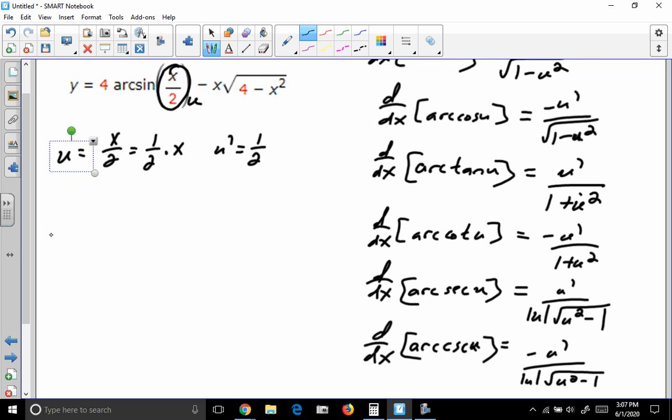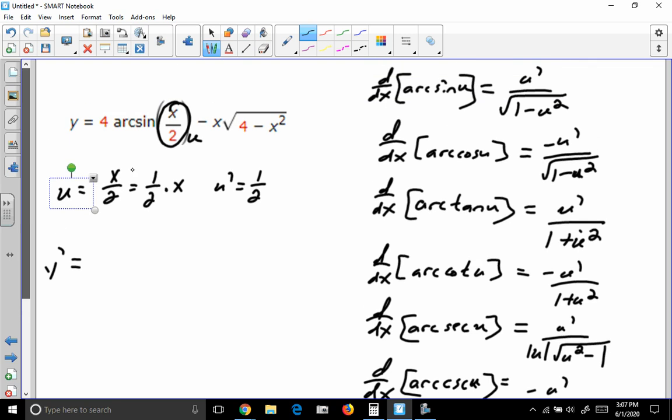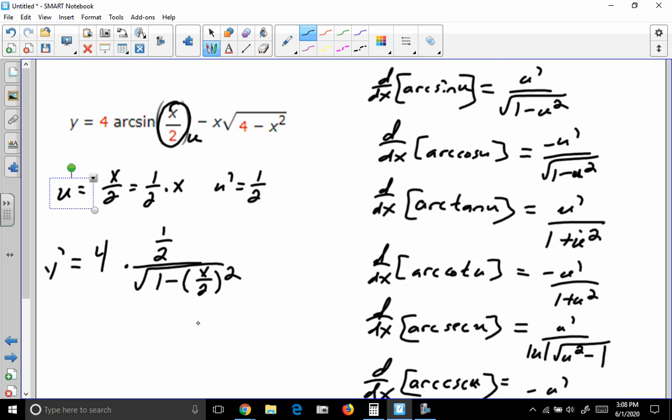So for the first term, the derivative of arc sine is u prime, so 1/2 over the square root of 1 minus u squared. And we have 4 out front. Then we have to subtract whatever we get when we take that derivative.